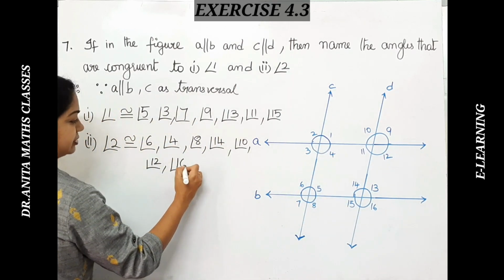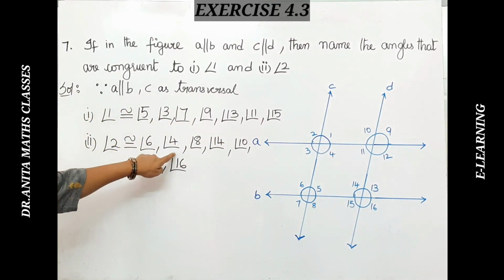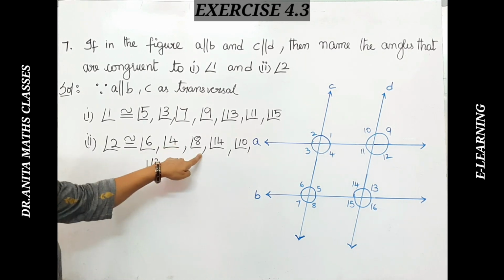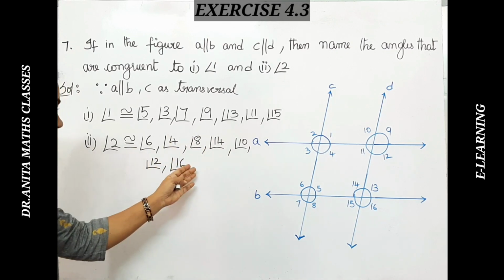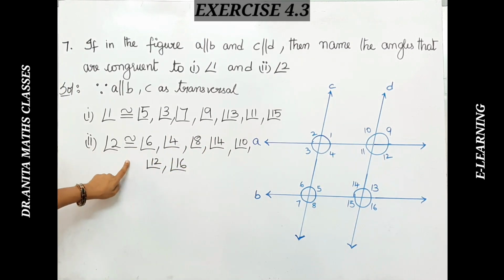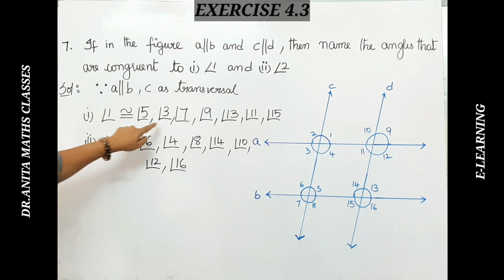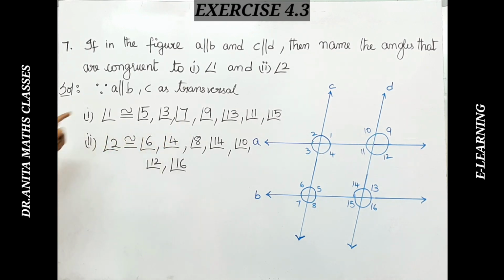So we have covered it here. We got 2, 4, 6, 8, 10, 12, 14 and 16. So if you see, all the even numbered angles are congruent to angle 2, and odd numbered angles are congruent to angle 1. Just mention it, they are asking, pause it and note.